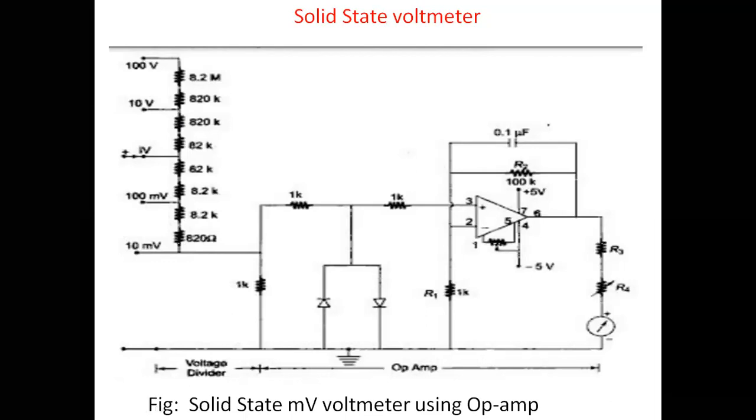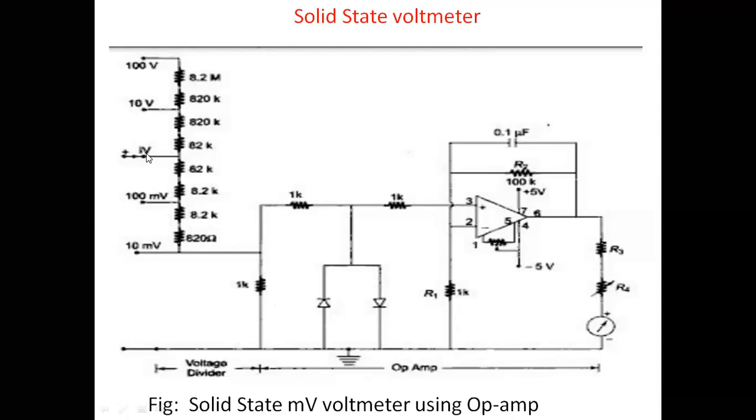With this selection switch we can select the range of voltages from 10 millivolts to 100 millivolts, 1 volt, 10 volts, and 100 volts. From this we can choose the range of the voltage we have to measure.